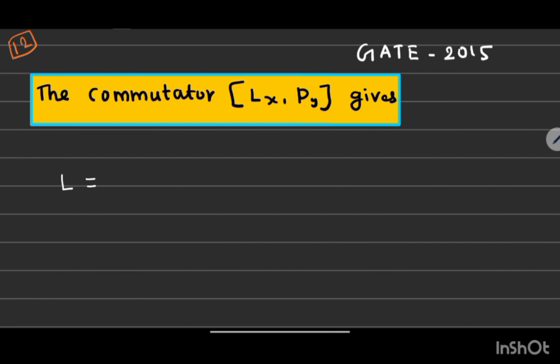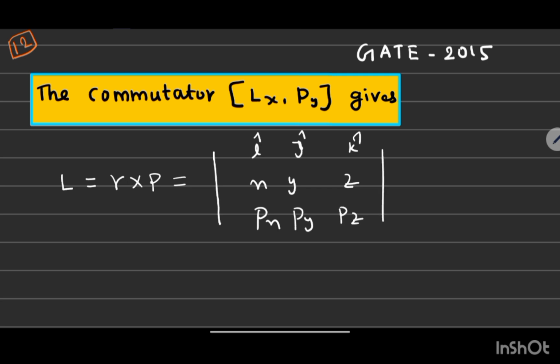We know orbital angular momentum is r cross p, which can be written as the determinant of the matrix with rows i, j, k; x, y, z; px, py, pz.